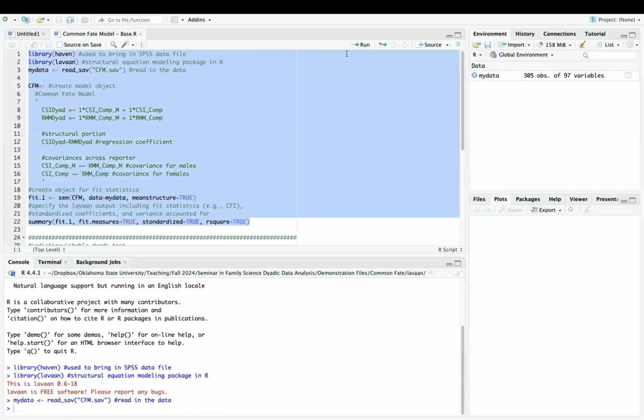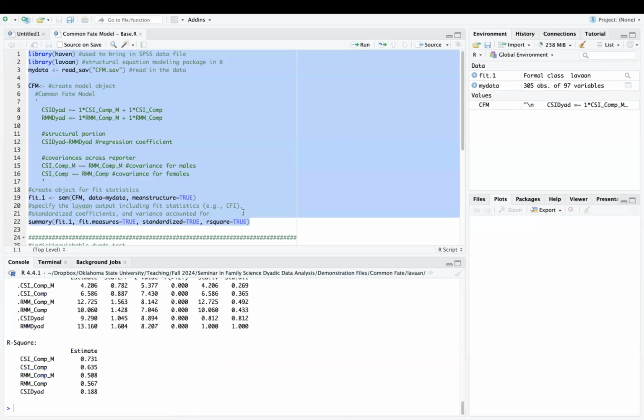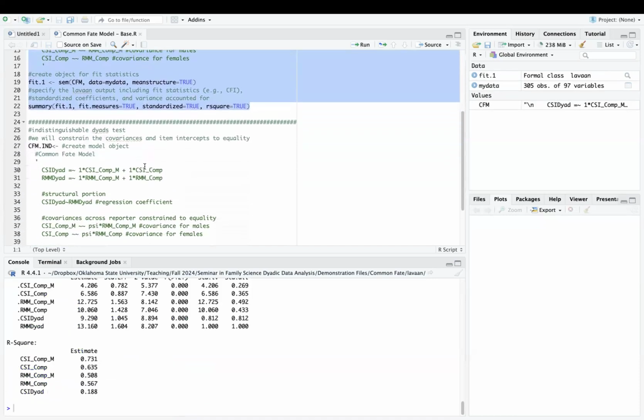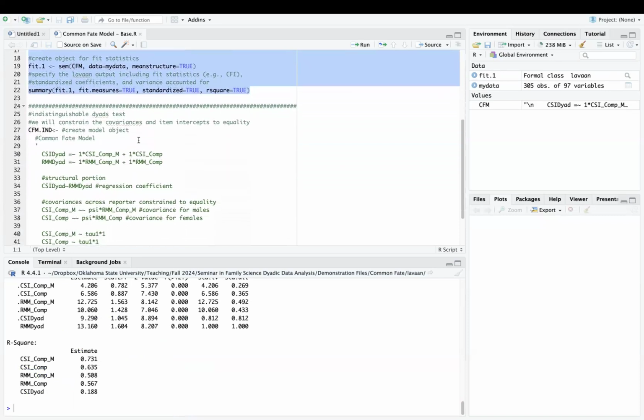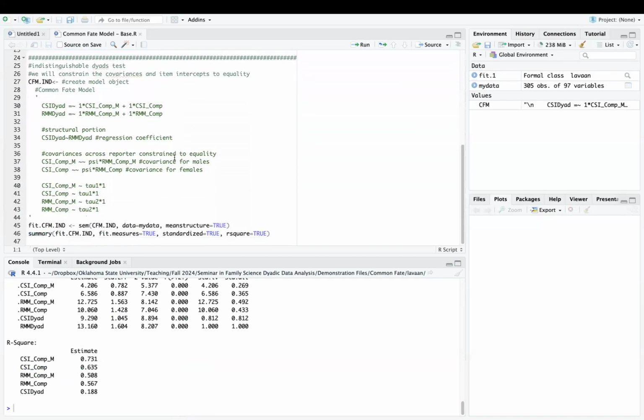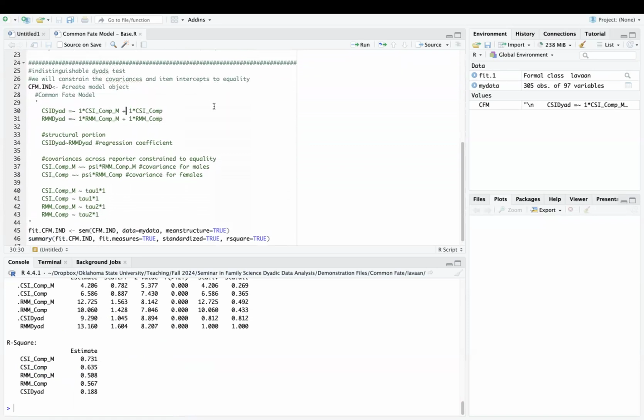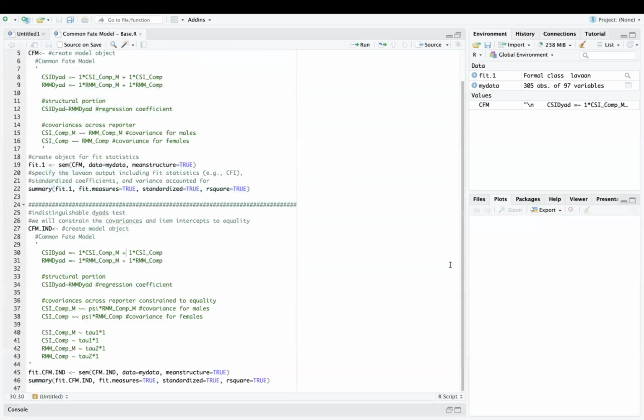Otherwise, we are going to move on to the distinguishable model. I'm going to need to run this real quick because we are going to be adding some syntax where we statistically compare the two models. In the indistinguishable common fate model, there are several things that we are going to do.